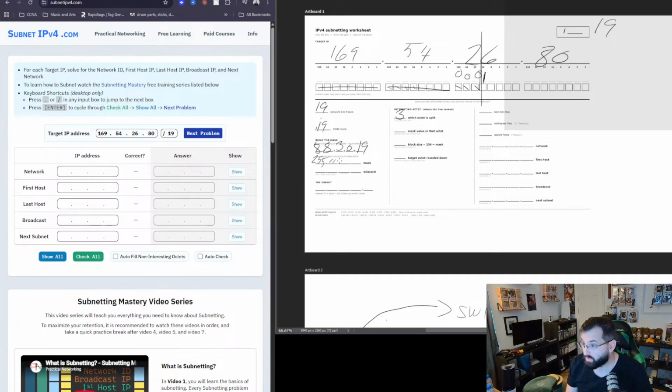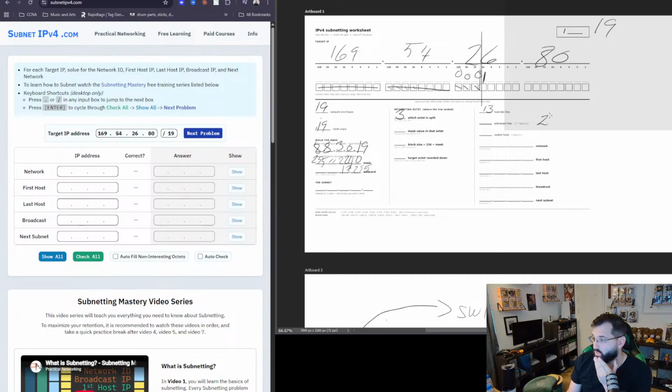So then this should be 224. Right? 0. And the wild card would be 255. And then 17. So then the host bits is going to be 8, 9, 10, 11, 12, 13.